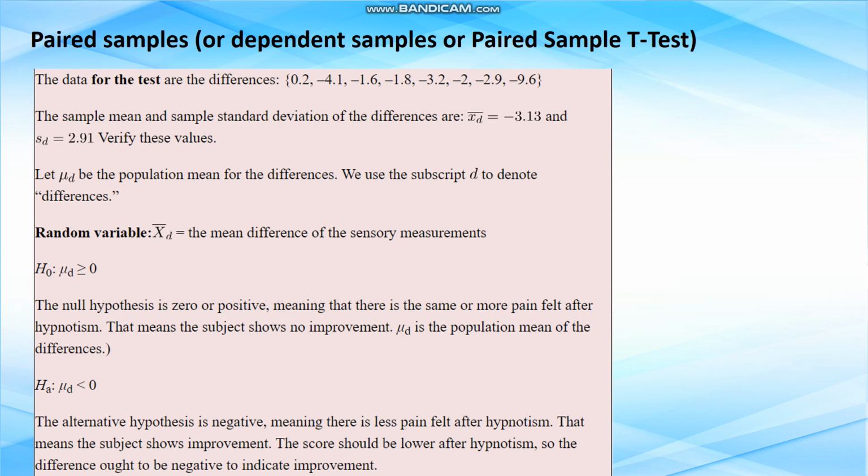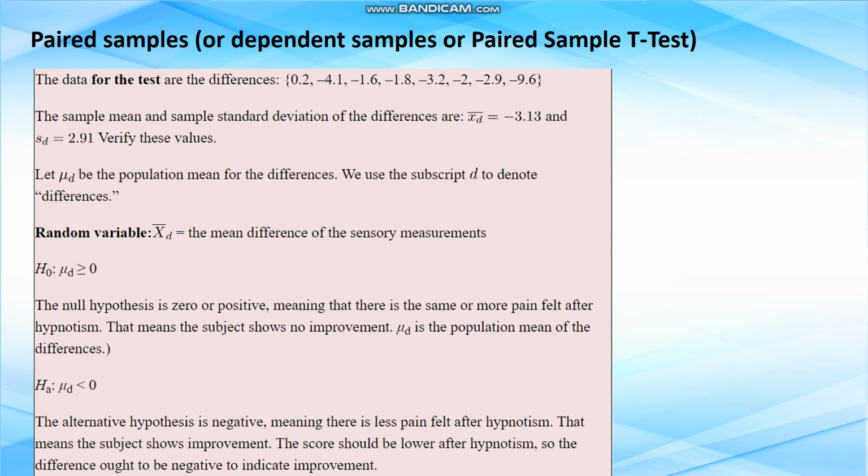Mu d is the population mean of the differences. But if you reject the null hypothesis, you accept HA, which stands for the alternative hypothesis. In this case, mu d is less than 0. The alternative hypothesis is negative.